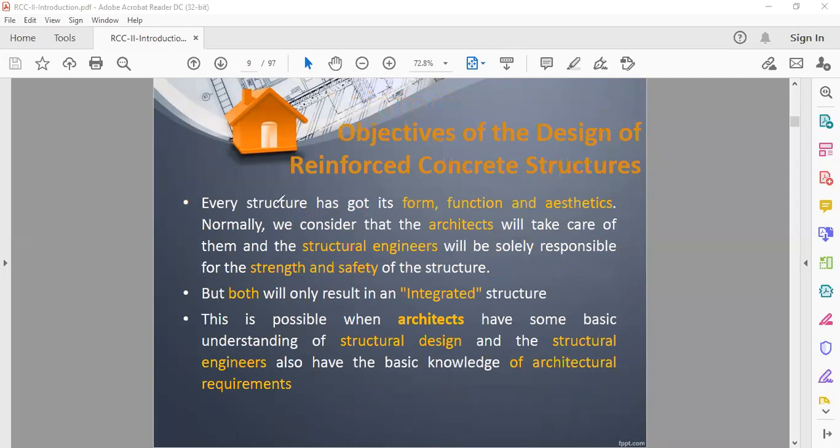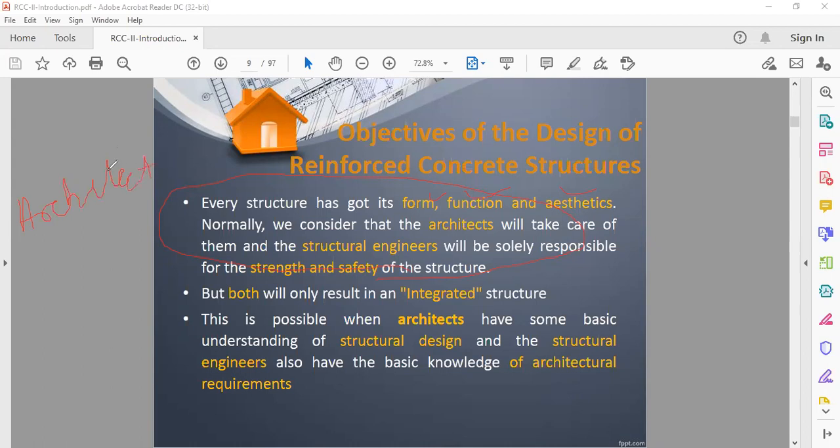But every structure has its form, function, and aesthetics. Normally, we consider that the architect will take care of them, and the structural engineer will be solely responsible for the strength and safety of structures. If you have seen any new buildings coming up in a city, you will see different posters, brochures, and banners on which you usually see who is the architect and who is the builder.